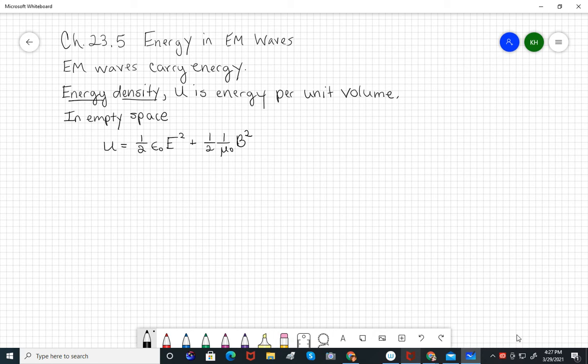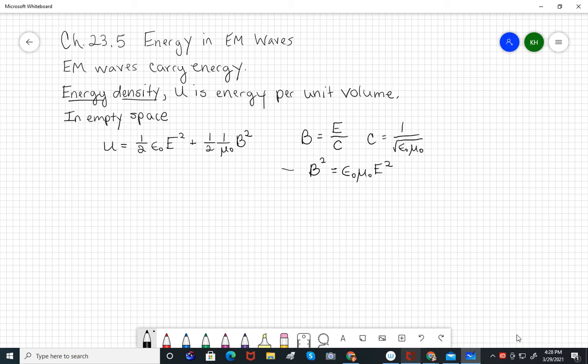Now, we can simplify this a little bit because we know that B is equal to E over c, and we know that c is equal to 1 over the square root of epsilon naught mu naught. So B squared is epsilon naught mu naught E squared.